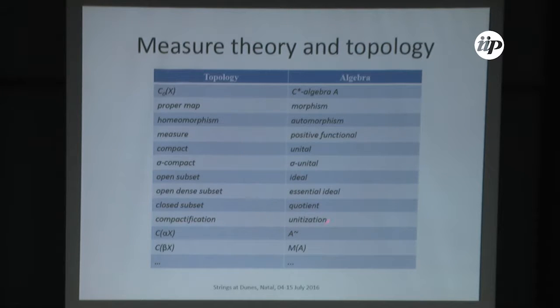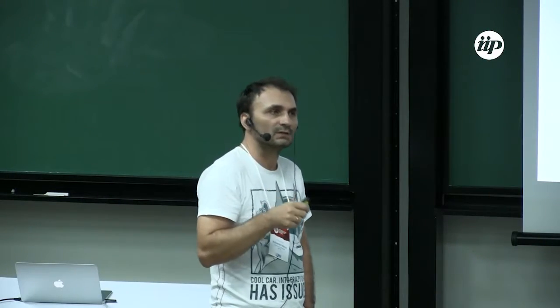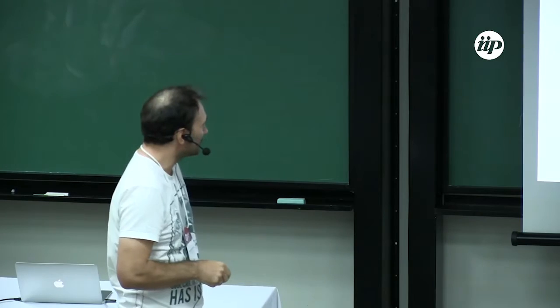So for example, if the algebra is non-unital, it will mean that the corresponding topology is not compact, but you can compactify. The minimal compactification, the one-point compactification, will just amount to minimal unitization. You just add a unity. The C-star algebra is good because the minimal unitization is essentially unique; you cannot just add unity in many different ways.